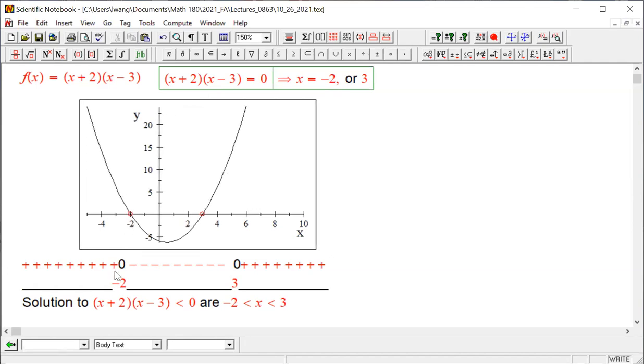This is -2, this is -2. This is 3, that's 3. Do you see that? The pictures are consistent, consistently telling us the product is negative between -2 and 3. So it doesn't matter which method you use, does it?